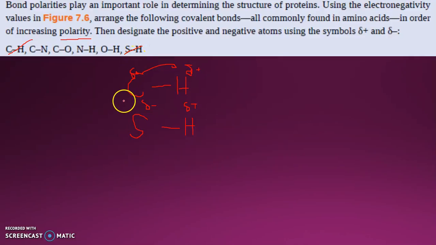The next biggest is carbon with nitrogen. And in this case, the nitrogen has the higher electronegativity, so this one would be partial negative, and the carbon would be the partial positive. And that was an electronegativity difference of 0.5. The next biggest was nitrogen with hydrogen, which has an electronegativity difference of 0.9.